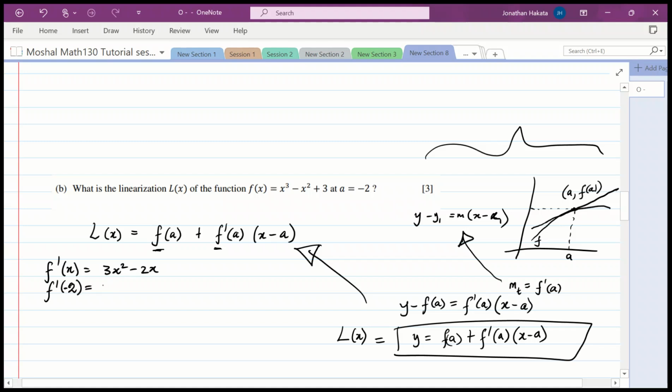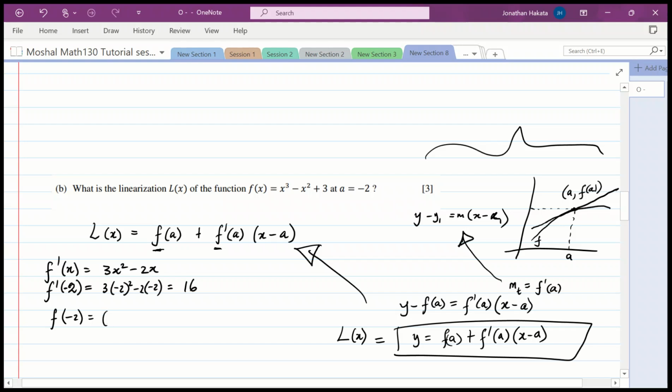So if you do that, it will be 3 into negative 2 squared minus 2 into negative 2 in there. If you simplify, this is 4 times 3, that's 12, 12 plus 4, which is 16. Okay, you just need to be very, very careful there. Then we will need an evaluation of the function at the given point. So let's calculate f evaluated at minus 2.